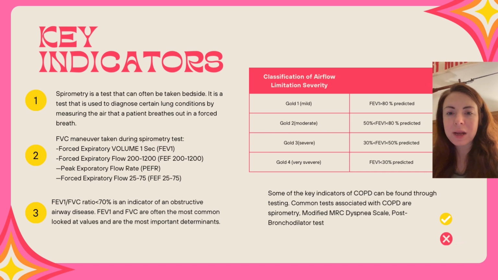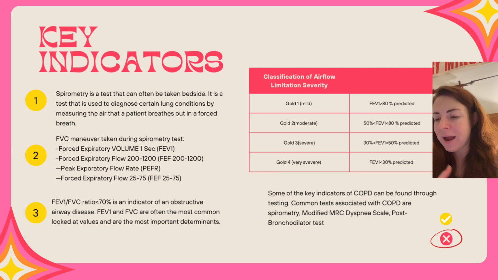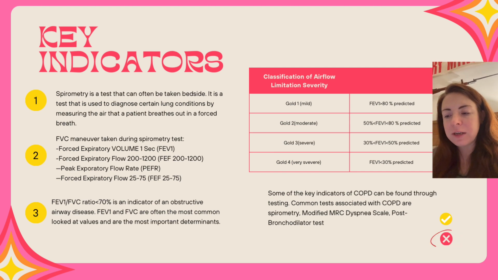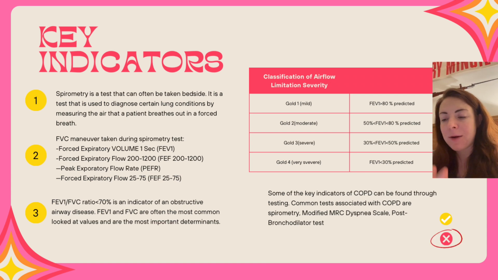It's so important to be testing for that, because that can ultimately be an indicator, right, of whether or not they have COPD. Some of the maneuvers taken during this spirometry test are the forced expiratory volume in 1 second, so it's basically a forced exhale to see how much volume they're exhaling in that 1 second, also known as an FEV1.